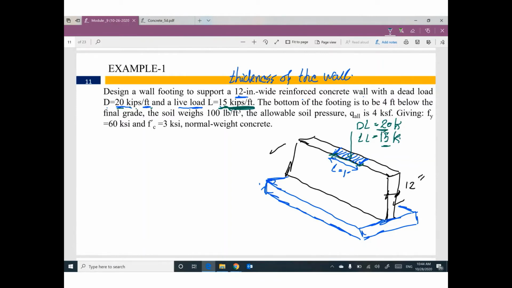So I'm gonna design only 1 foot of this footing. So what is the width of this footing? I'm talking about this unit length of the footing. That makes sense? Is this point clear for you?